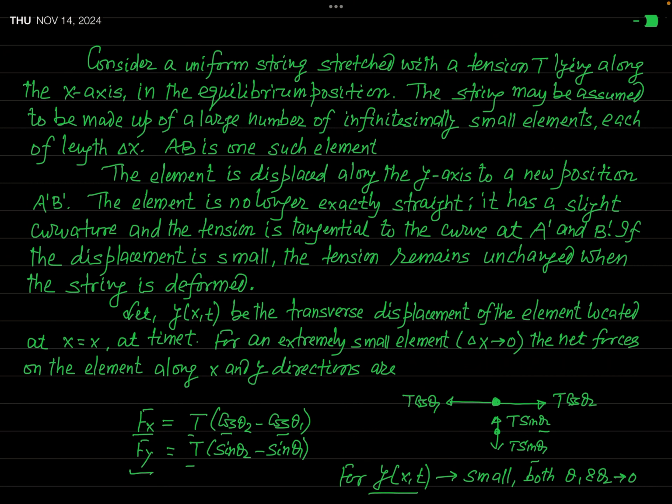And if y of x,t is very small, then the angles theta 1 and theta 2, which are the angles made by the tangents to the curve with the x-axis, will also be very small, because the curvature of the string will be very small.